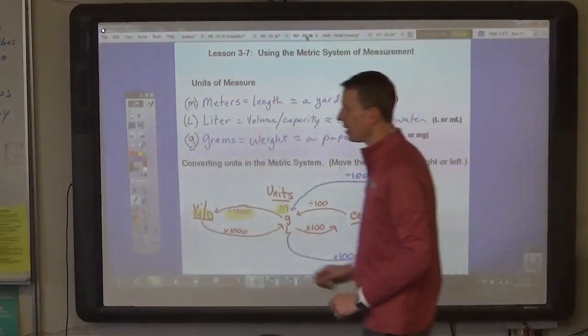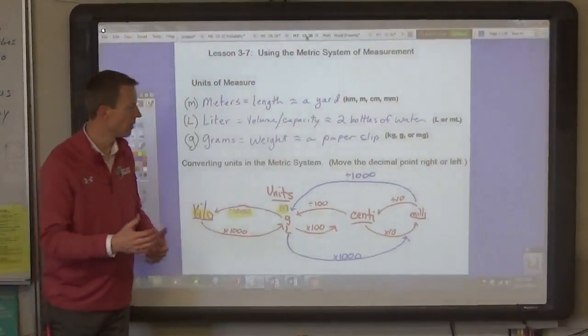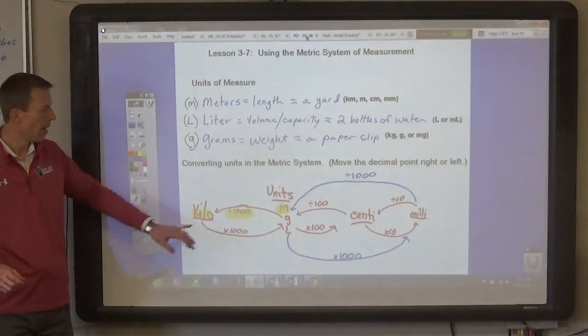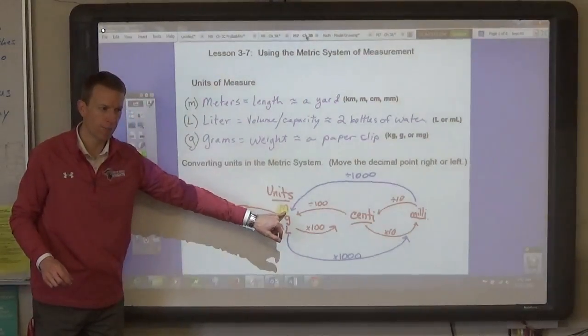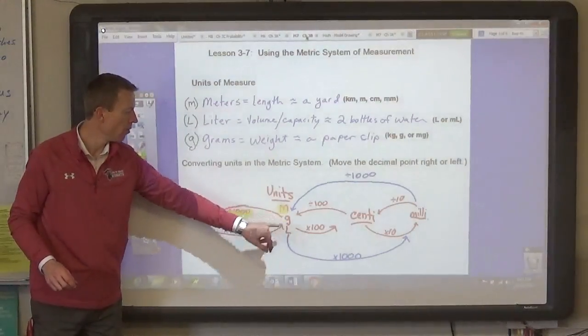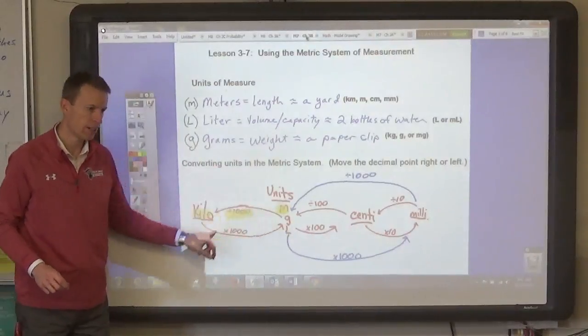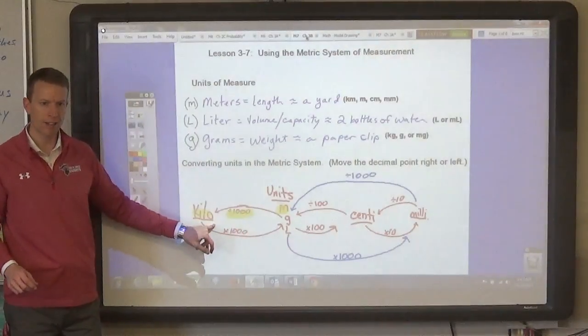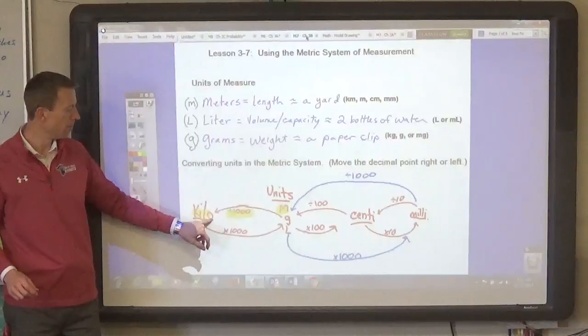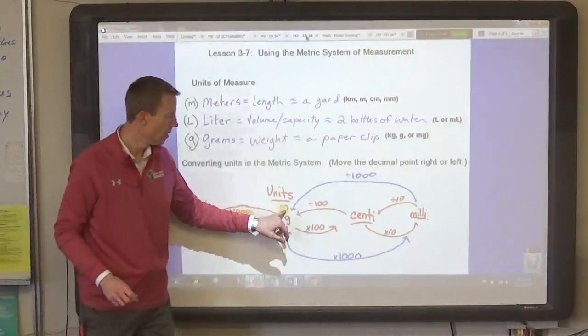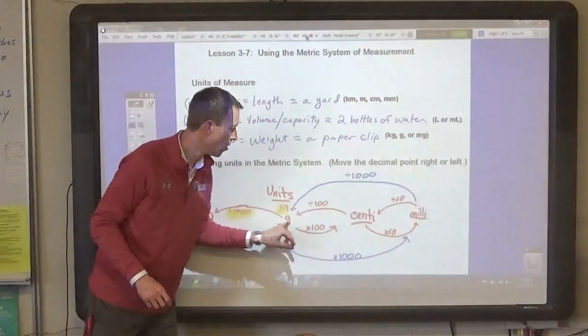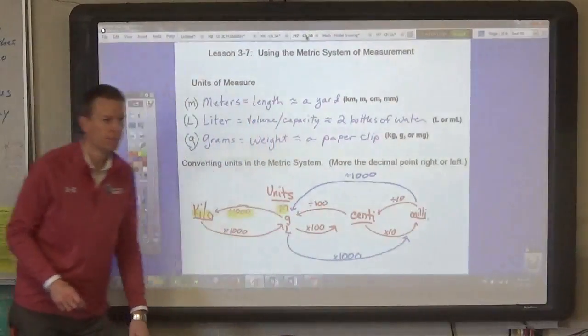So, what we're going to be talking about is converting in the metric system. If we know how many meters we have, then we can follow this flow chart to convert that to kilometers, or centimeters, or millimeters.